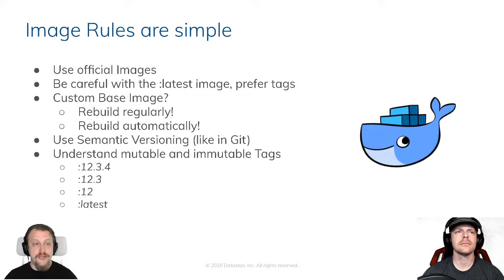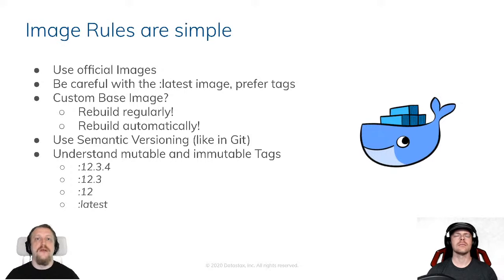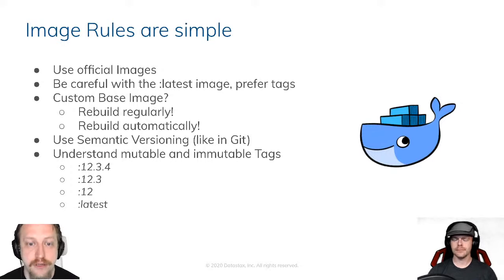So my recommendation: use a custom base image. Good. Now rebuild it regularly, rebuild it automatically, rebuild it nightly, and don't forget to use at least smoke tests, so you will always be sure that it's operational and the build is really built.